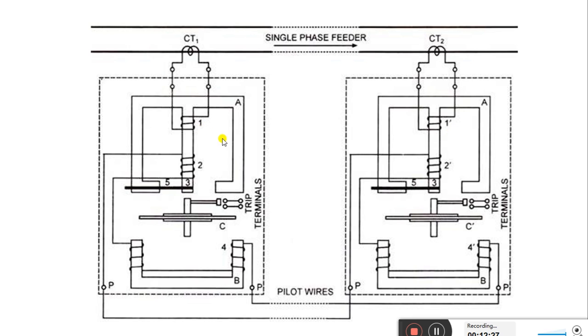So there will be equal EMF induced in the coils 1 and 1 dash, and in turn they will ensure a current in 2 and 2 dash. But since 2 and 2 dash are in phase opposition, a very small or negligible current will flow through the operating coils, that is 4 and 4 dash.